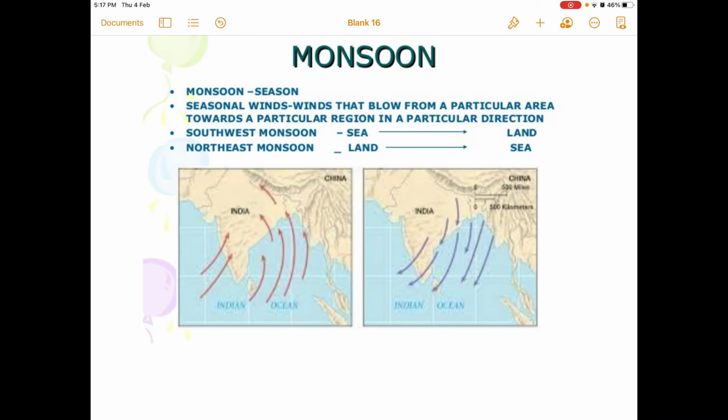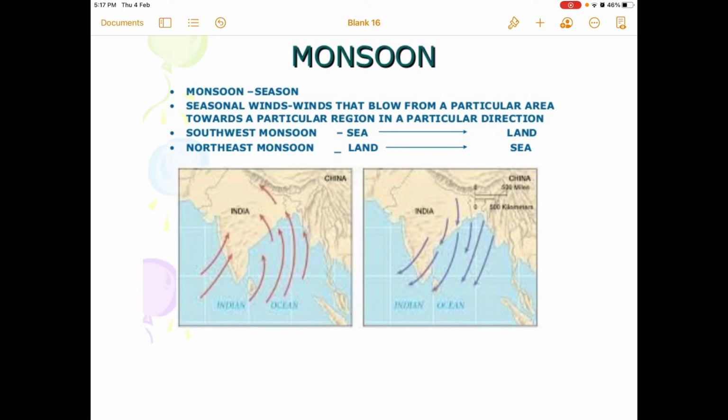Next important winds are the monsoon winds. These are also periodic seasonal winds blowing in the regions of Southeast Asia and Northern Australia, and the word monsoon is derived from the Arabic word meaning a season.